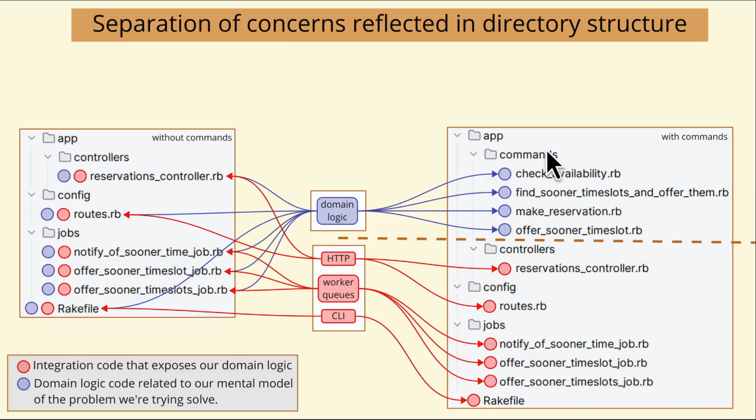For one thing, you have commands cohabitating with controllers in the app directory, and commands are doubly nested compared to the rake file, and it's more further nested than the jobs. Just doesn't feel good, and it doesn't feel as command-centric as it could be. And Foobara is going to help us with this, but this is a very natural directory structure for a team that is struggling with this problem to evolve the code base into as they start to make improvements.